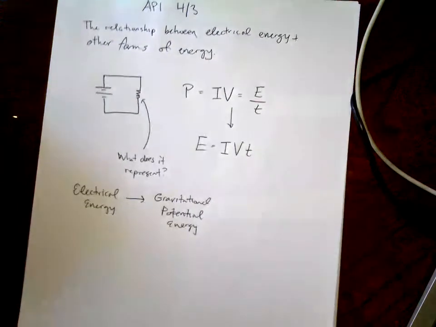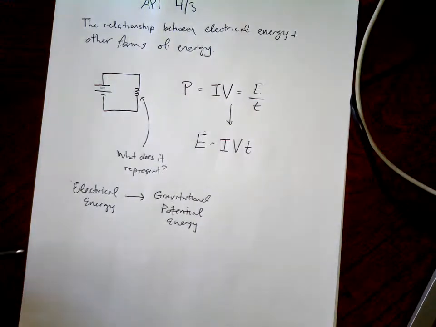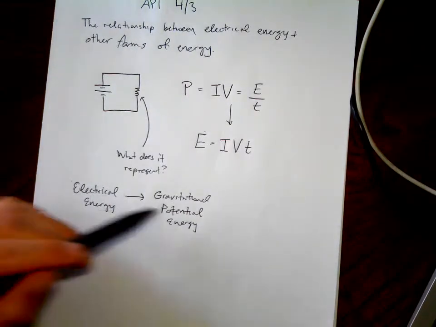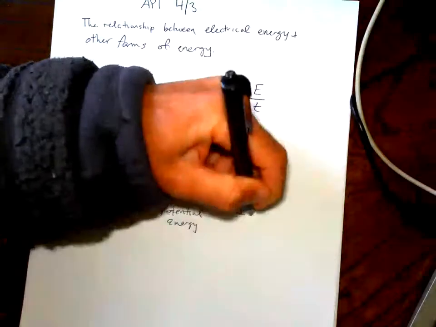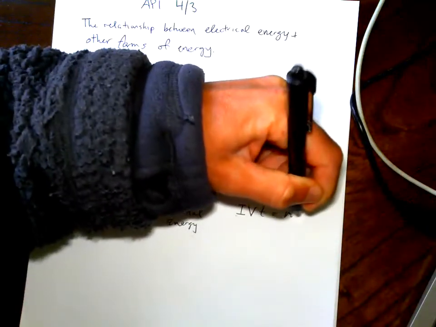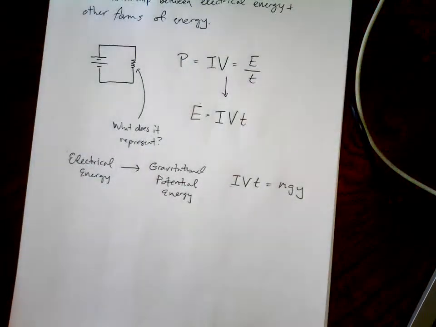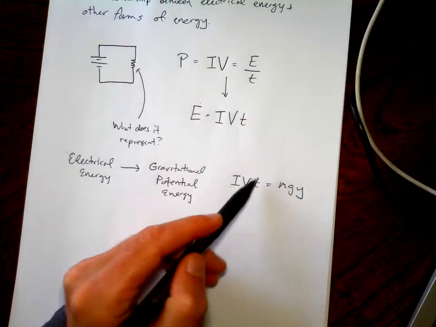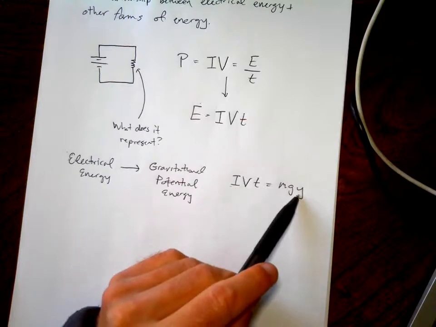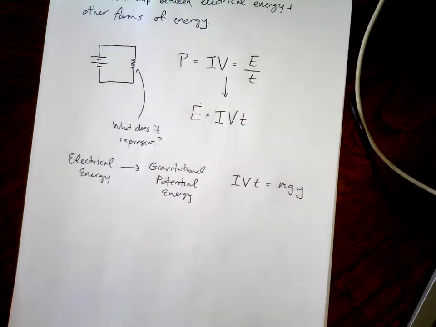If I wanted to set up an energy conservation equation, I would set electrical energy equal to gravitational potential energy. It would be IVT equals mgy. As time goes on, the thing gets lifted higher and higher, so you could calculate how much time it's going to take to lift something using this type of equation.